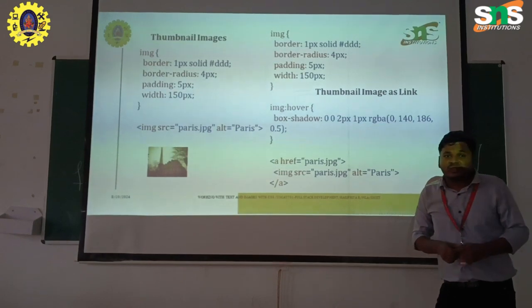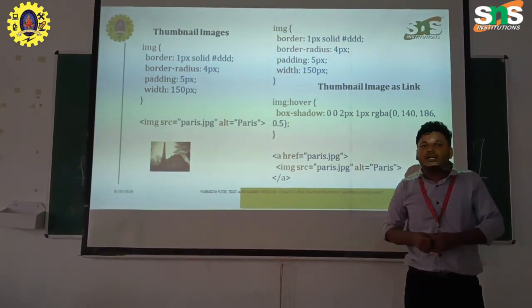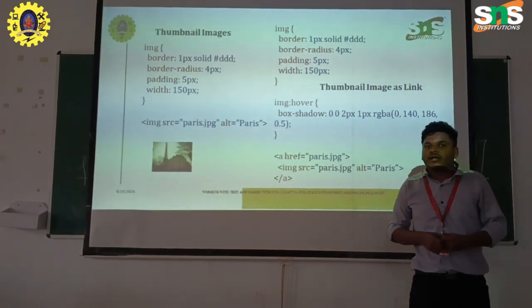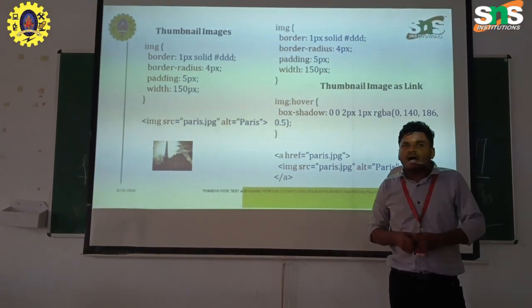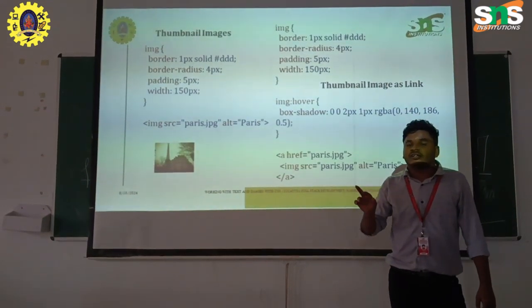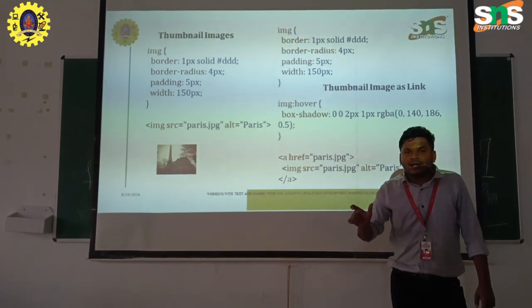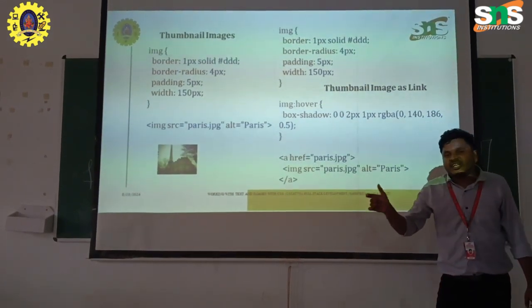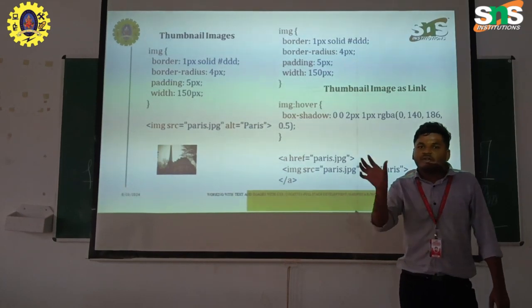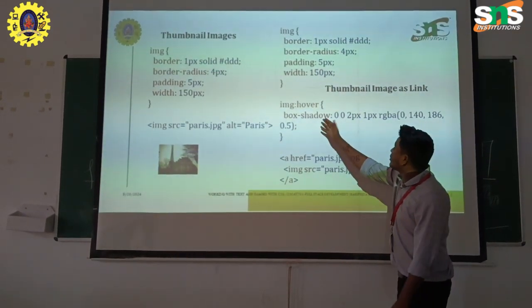The image hover means, for example, we are creating some website or advertisement for our store or company, and we click on some important notice, for example Krishnan, software engineer, and the description of the software engineer appears on hover. Next, the image hover box shadow.